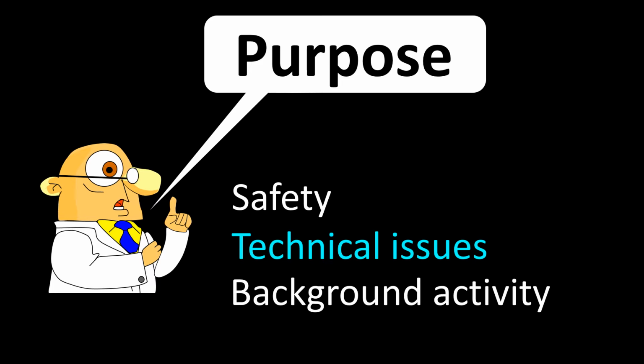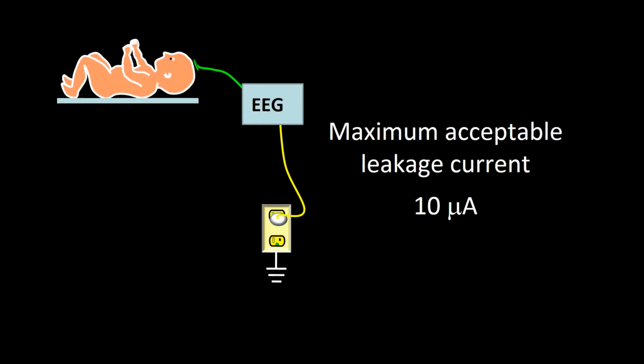Next, I would like to address technical issues. The impedance of the electrodes should be less than 10,000 ohms and be within 20% difference of each other.